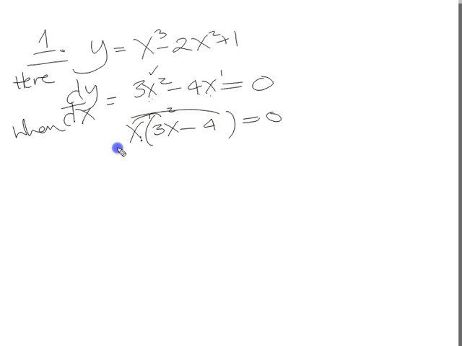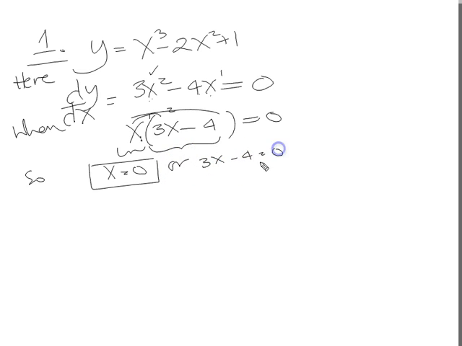So in this case, this product is 0 when either this is 0, so there's the first solution then straight away, or this product is 0, and that happens when this value is 0, because 0 times anything is 0 again. So it can happen when this or 3x minus 4 is 0. When does that happen?